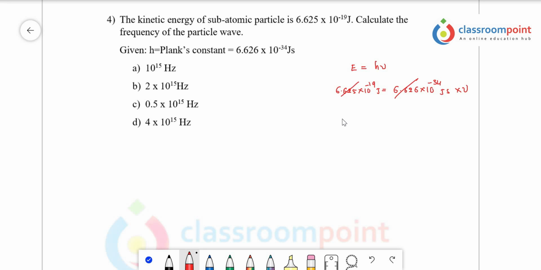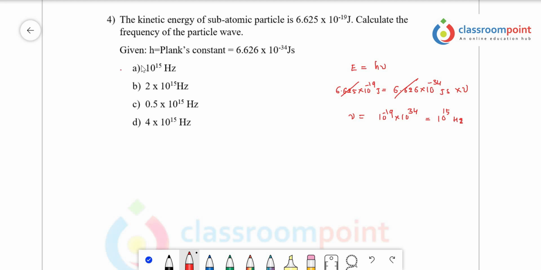6.625, 6.626 approximately get cancelled out. So frequency is equal to 10 power minus 19 into 10 power 34. So usually we think that 10 power 15 hertz or per second is the answer.